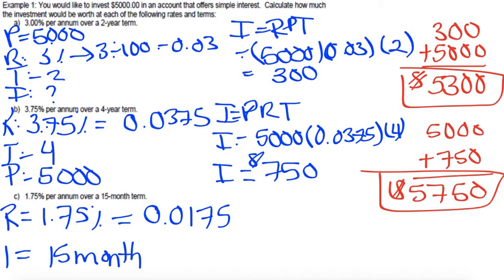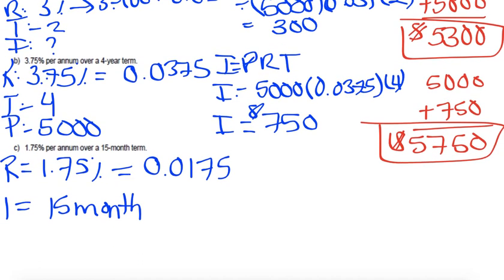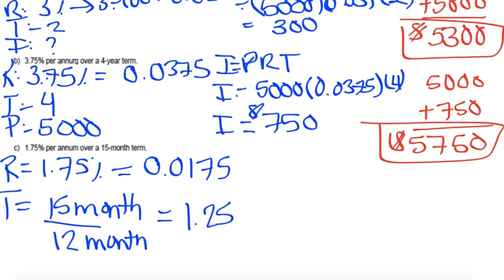So to turn this into years, I'm going to divide it by 12 because there are 12 months in a year. 15 months divided by 12 months gives me 1.25 years. That's something I can use. We still have a P of $5,000.